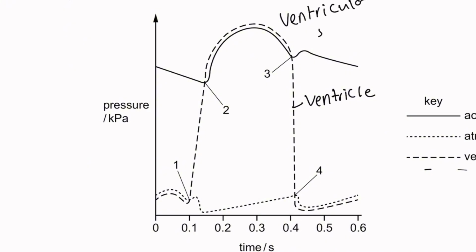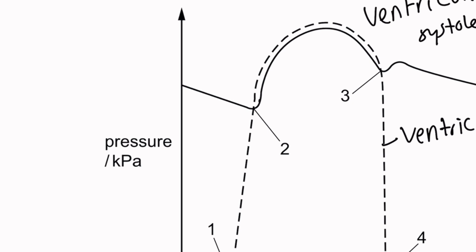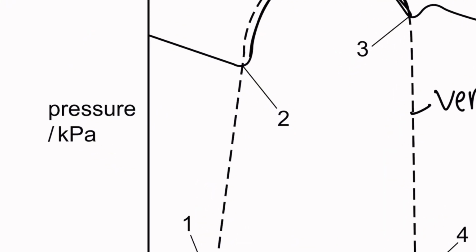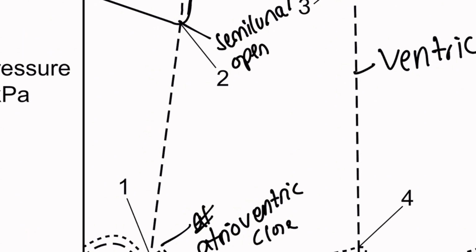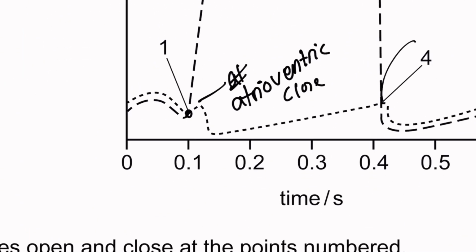Now, there's the aorta, which is right here, and the pressure increases all of a sudden from 0.2 to 3 in the aorta, which means this is when the blood enters the aorta. So the ventricle starts contracting at 1. Okay, so I will assume the atrioventricular valves close here. And then here the semilunar valves open because this is when blood enters the artery. And then here they close, and then here the atrioventricular valves open again because we have reached generalized diastole.